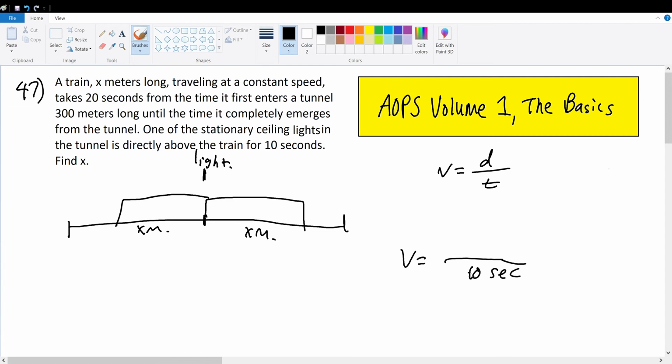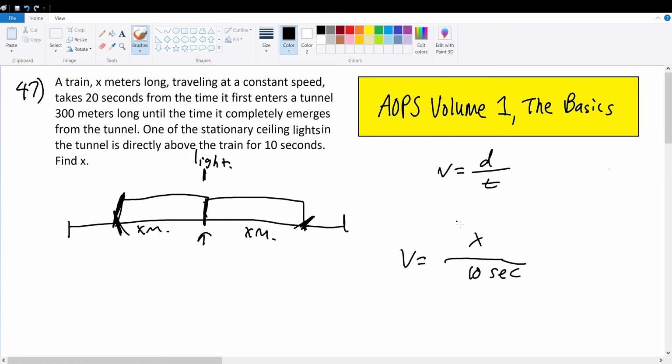Well, how much of the distance was it when it passed from this point right here to this point right here? Well, when it first entered this light, this very point right here, and from this point it traveled all the way to this distance right here, it would have traveled the length of the train. Think about it.